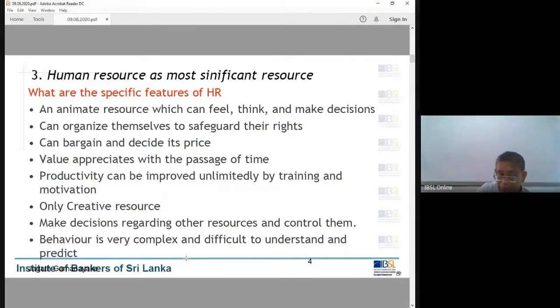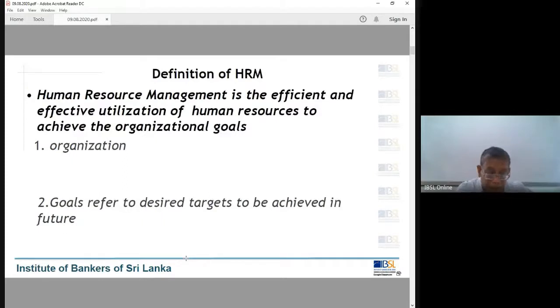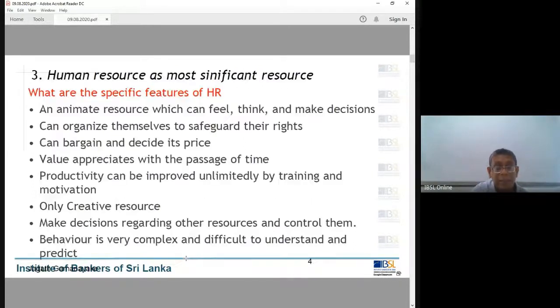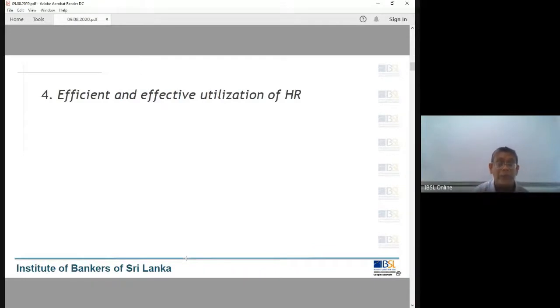Right? Now coming back to our definition. Now you see, I told you to underline human resources. Right. Now you know why I told you to underline. And such human resources may be used with efficient and effective utilization. So that is one. Now, who developed this concept called efficient and effective?